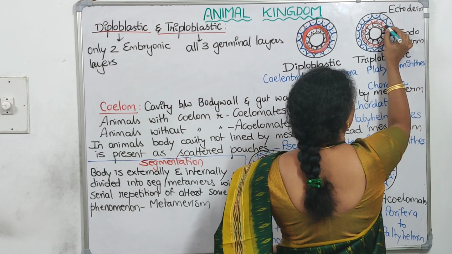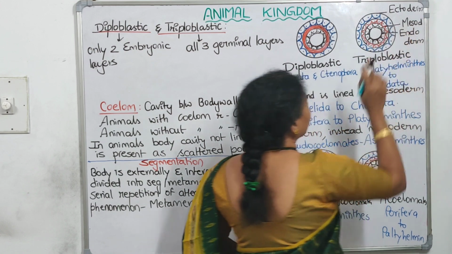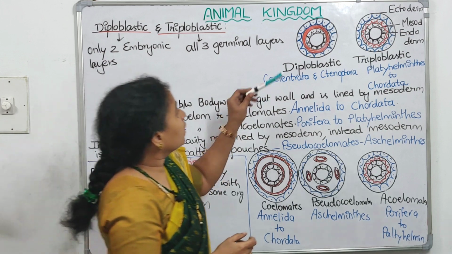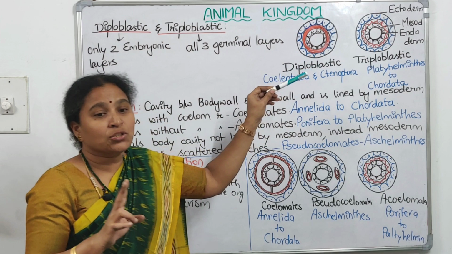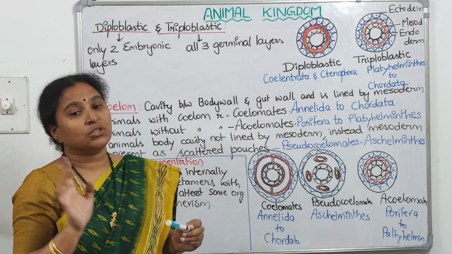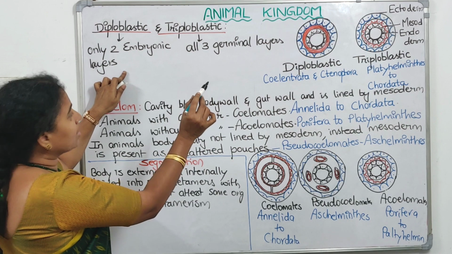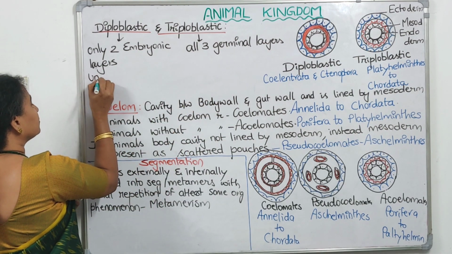And the middle one, the red colored one, is called mesoderm. If all three are there, then that is called triploblastic. In diploblastic, ectoderm is there and endoderm is there, and in between these two there is an undifferentiated mesoglea. What is there in the middle? Undifferentiated layer.